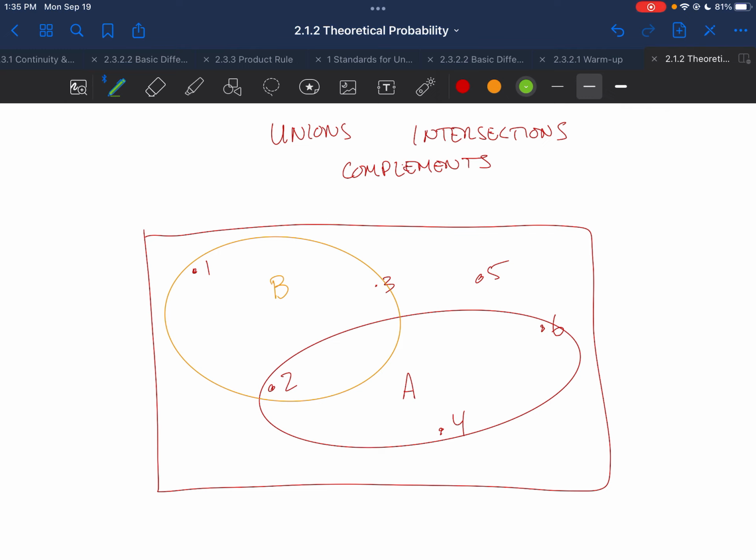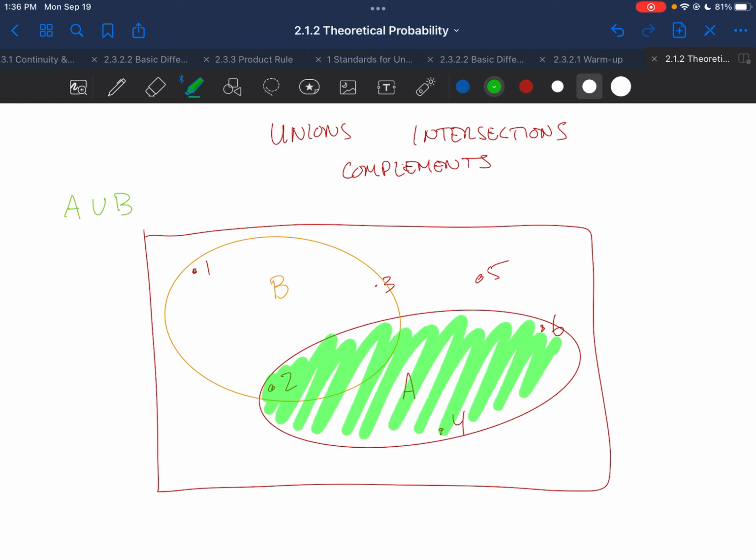If I wanted to know what A union B is, that would be everything that encompasses what A does. I'll do it in green. That's all of this area here, and then all of the points that B encompasses as well.